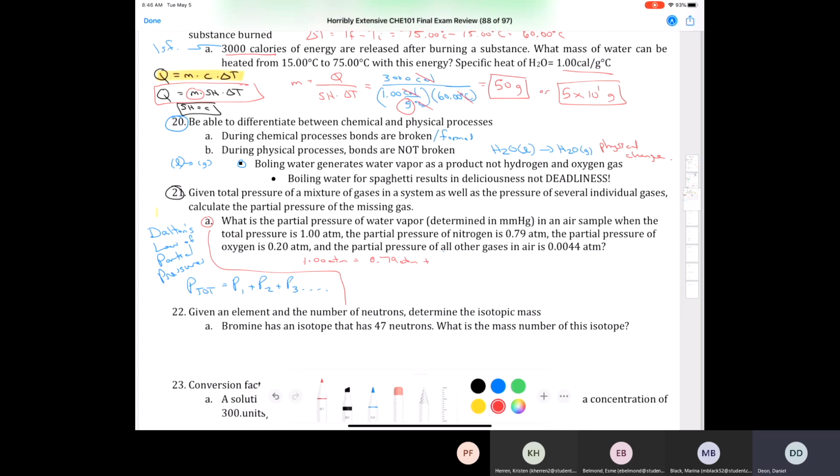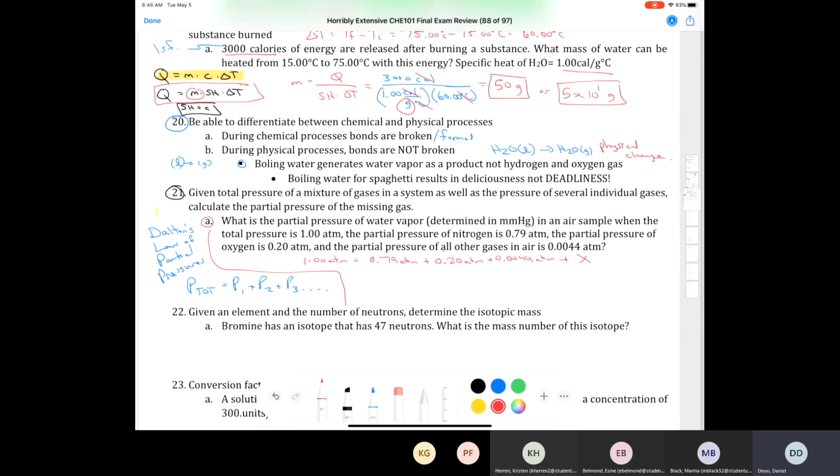The partial pressure of oxygen is 0.20 atmospheres. And the partial pressure of all of the other gases is 0.0044 atmospheres. Plus X, and X will be our water vapor pressure.